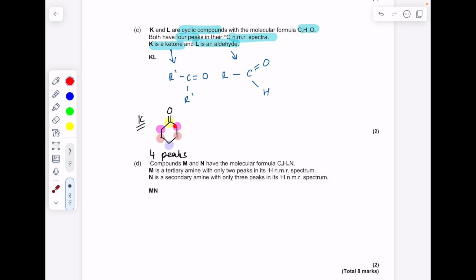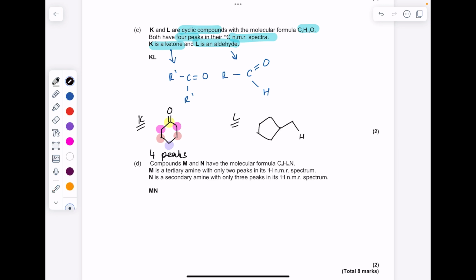Sure enough, 1, 2, 3, 4, 5, 6 carbons, 2, 4, 6, 8, 10 hydrogens, and there's our O. Is it a cyclic compound? Sure enough, yes it is. And then do we have 4 peaks represented by 4 different carbon environments? Yes, we do. What about our aldehyde L?